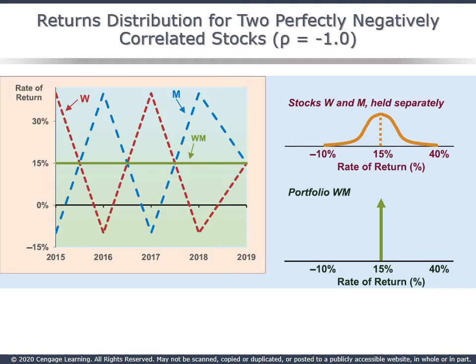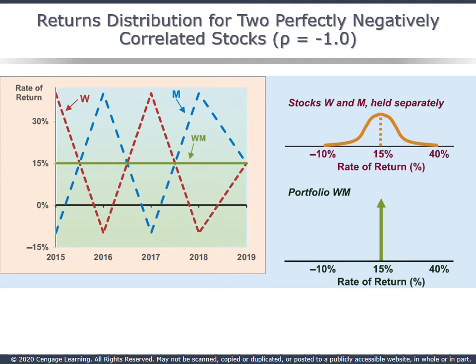We have stock W and stock M. It just so happens that these two stocks have perfect negative correlation. What does that mean? That means that when one has a positive 10% return, the other has a negative 10% return. So they're moving in exact opposite directions in terms of their returns.